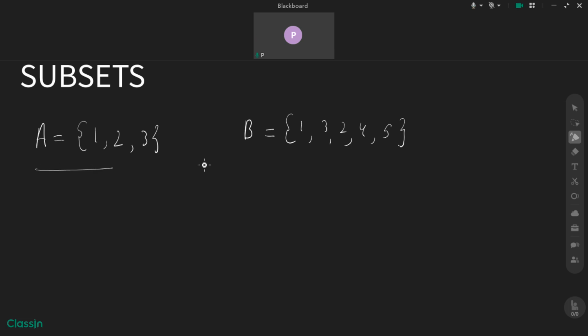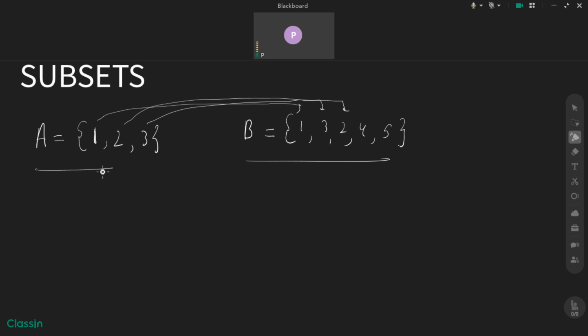If we analyze their elements, we see that 1 is also contained in B, 2 is also contained in B, 3 is also contained in B. So every element of A is also present in set B.